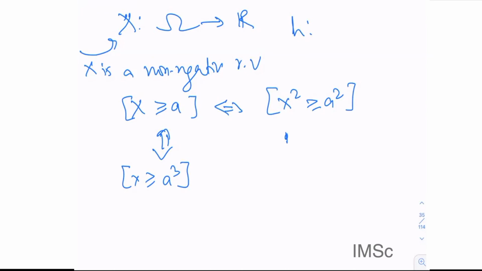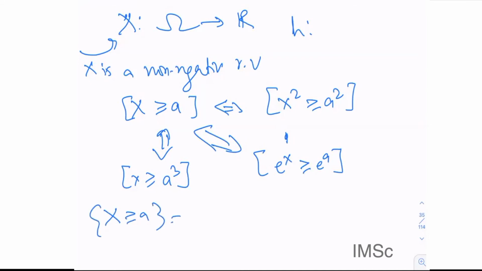Hello? So what is X greater than or equal to a? X greater than or equal to a is a set of w in omega such that X of w is greater than or equal to a.